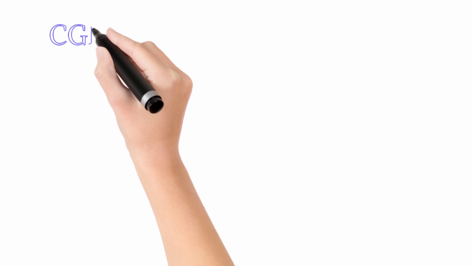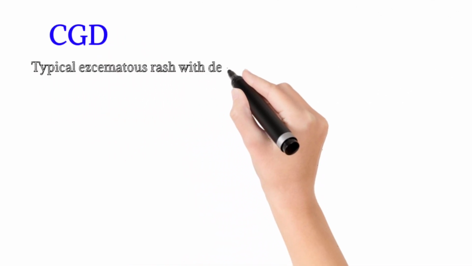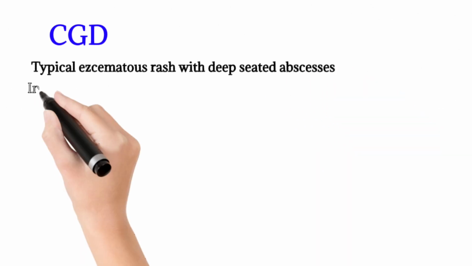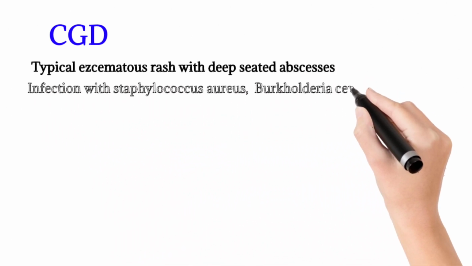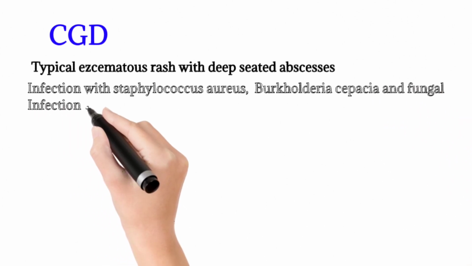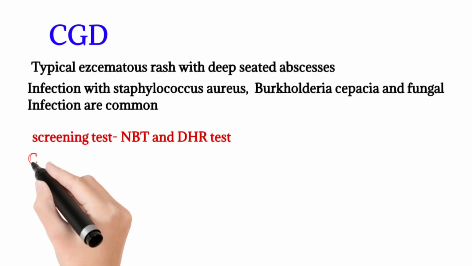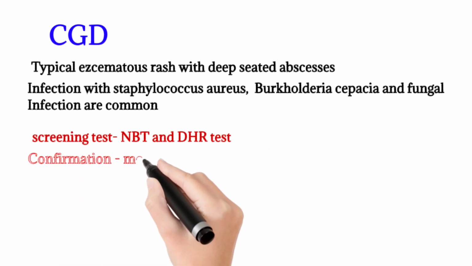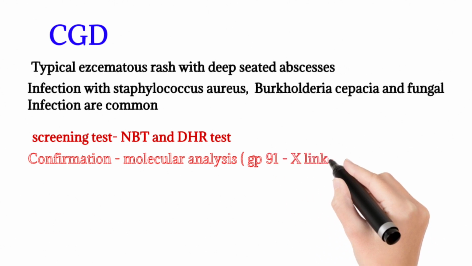Okay, now what is CGD? There is a typical history of eczematous rash with deep-seated abscess; infection with Staph aureus, Burkholderia, and fungal infection, aspergillosis are common. Screening tests are NBT and DHR test. Confirmation is done by molecular analysis.